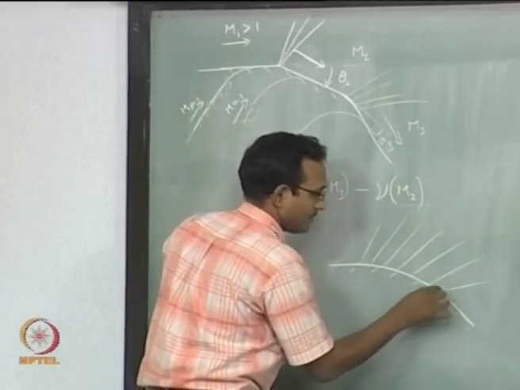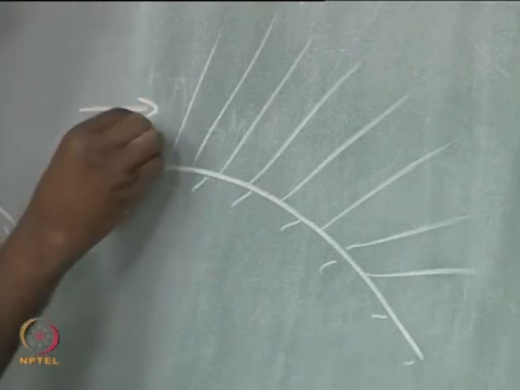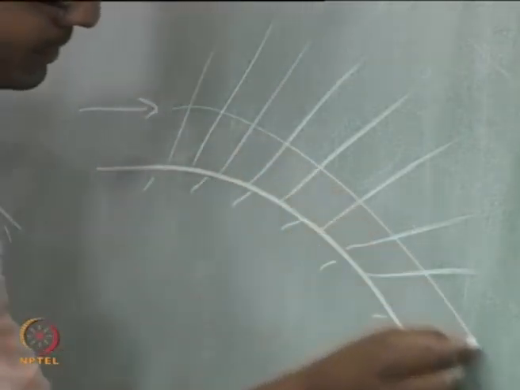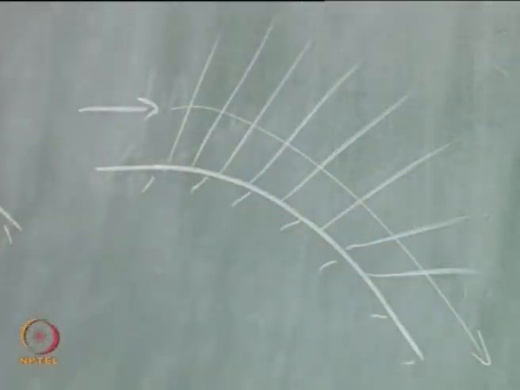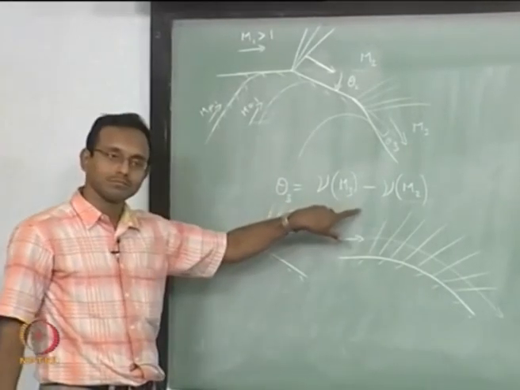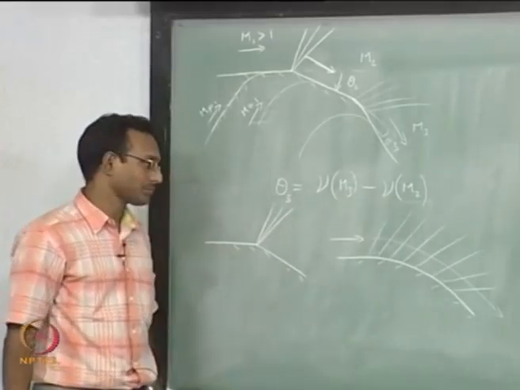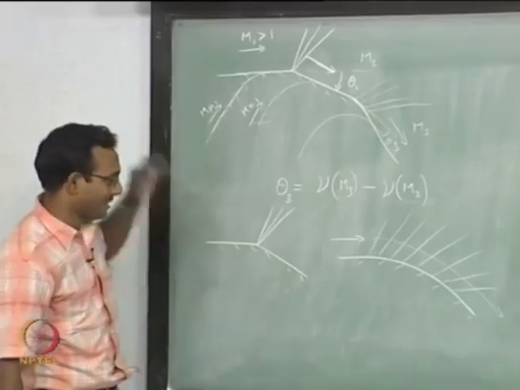And now the flow is going to slowly turn to finally become that. In both these problems I can use the same function. Delta theta is equal to delta nu, I can use that.